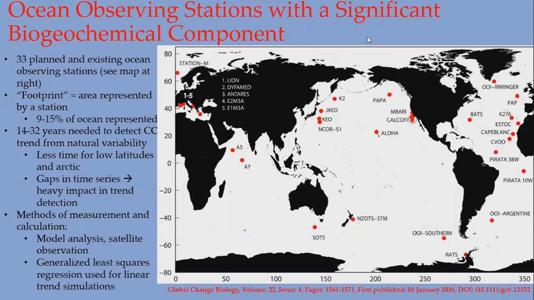And some methods of measurement and calculation that are used by these ocean observatories are linear trends in annual values of the variables for the simulation period 2006 to 2100. That is calculated using generalized least squares regression.